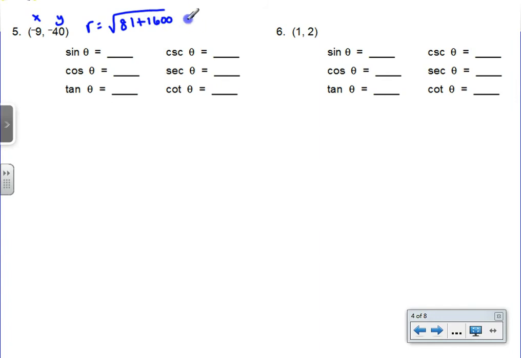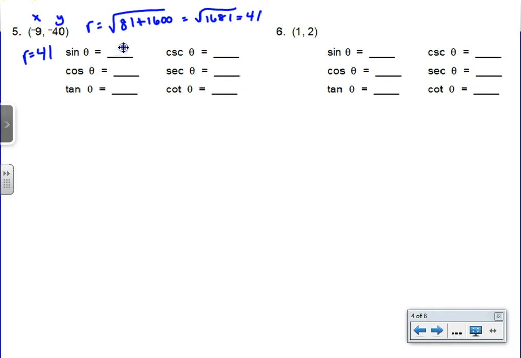That's really bad. Okay, what is that? 1681. Is that something pretty? 41. Oh, good. Yes, I think it is. Oh, I'm very happy. After our last experience, I'm very happy to have a radius or an r value that is not a radical because I don't want to have to rationalize for the rest of my life.